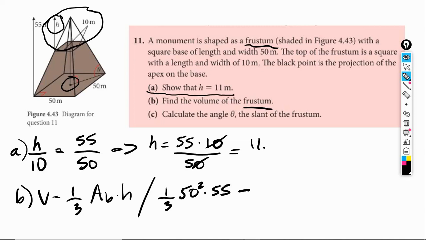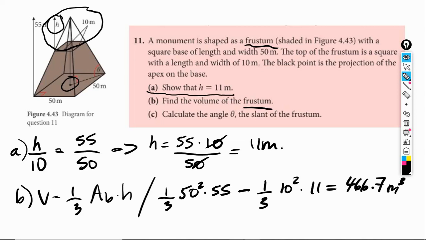So the top is also a pyramid, and this would be then 1/3 10 squared times the height, which we found to be 11. And if you plug this in the calculator, it should give you around 466.7. And don't forget to write the units, meters cubed. Oh, I forgot also to write meters in the first answer. So we need to make sure we have the units there.